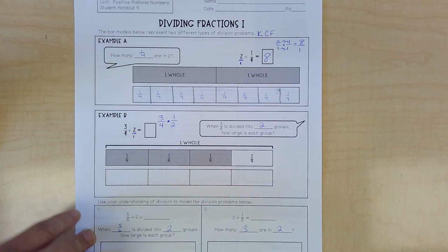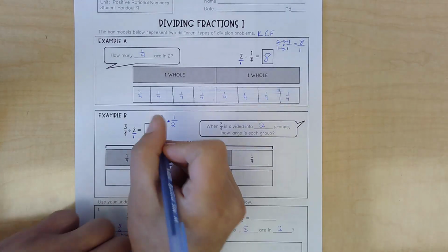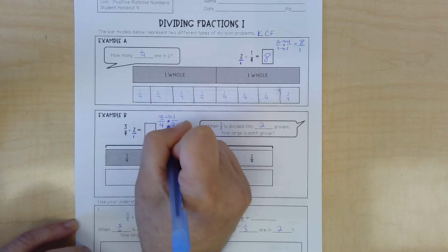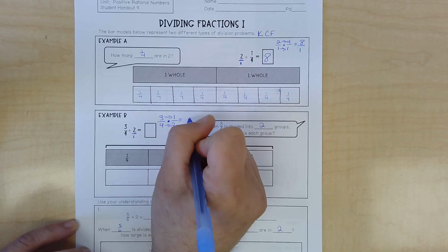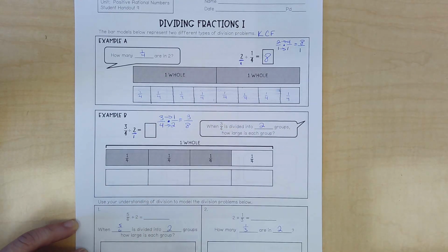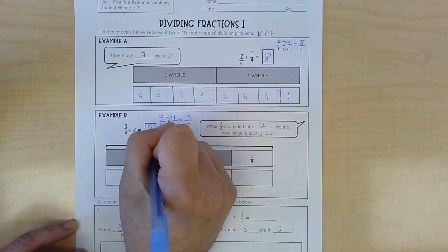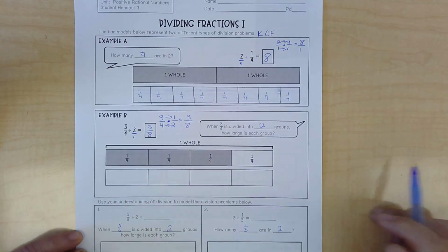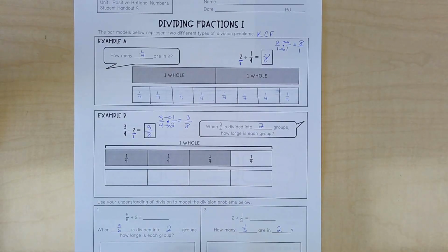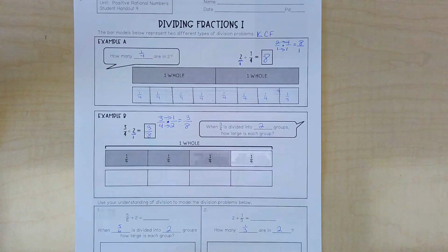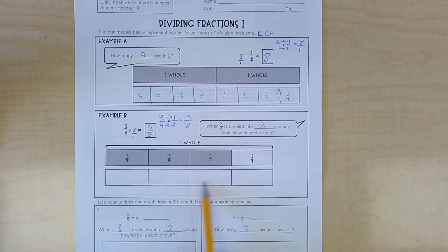Now, when we multiply directly across, we end up with 3/8. Now, that means we need to partition these fourths into eighths.